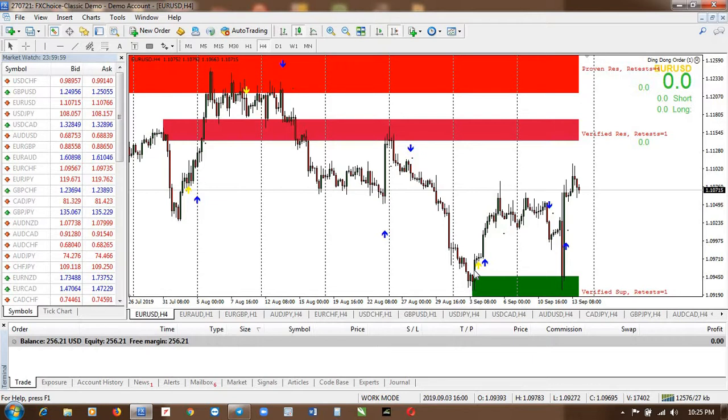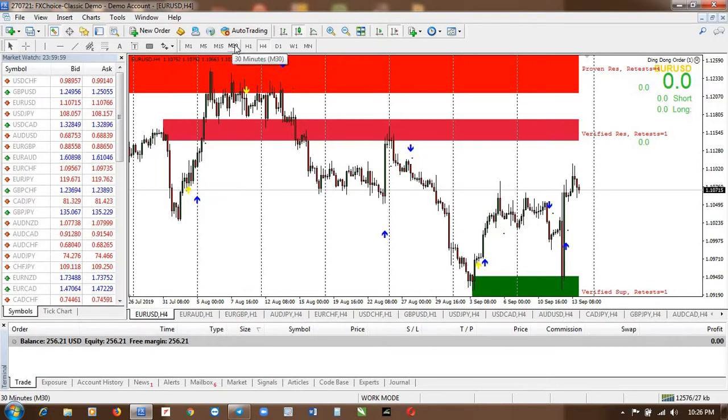And if you want to use a time frame, use a time frame like 1 hour, 4 hour, or daily chart. Yes, you can use that. And you can also use the 30 minutes as well.